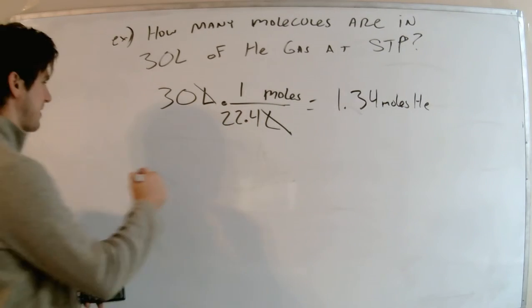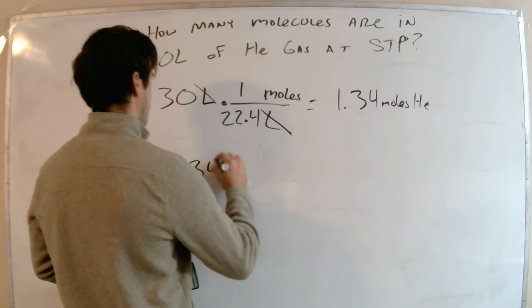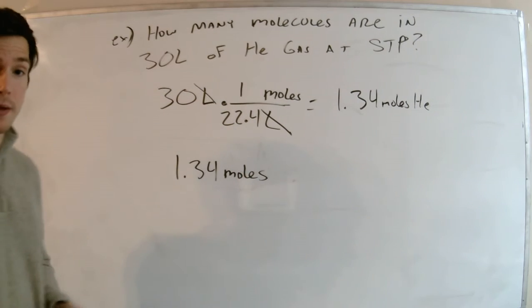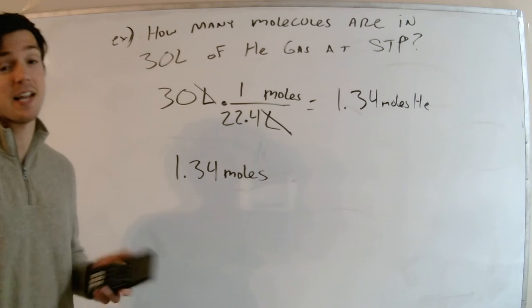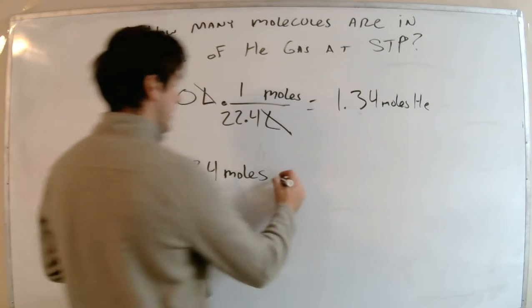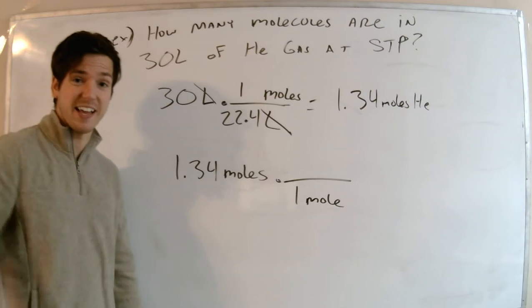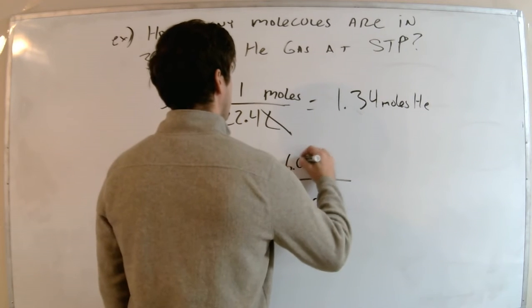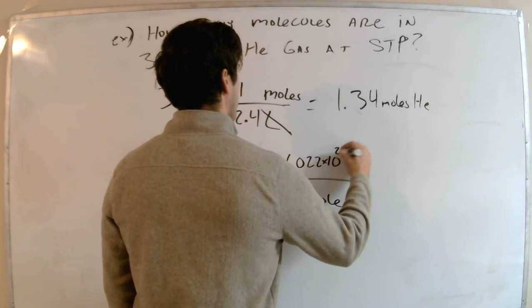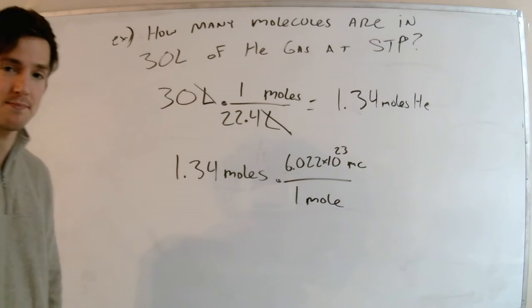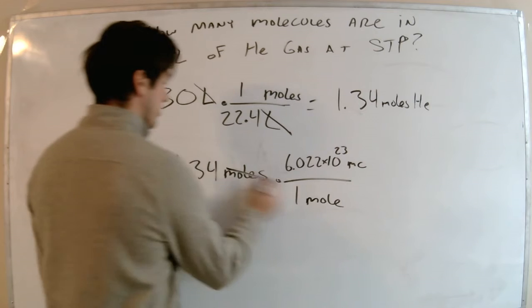And I'm going to move that down here so I have a little bit more room. And remember, our goal now is to get to molecules. And I know a conversion for molecules, right? For every 1 mole of anything I have, it is 6.022 times 10 to the 23rd molecules. Cancel out moles.